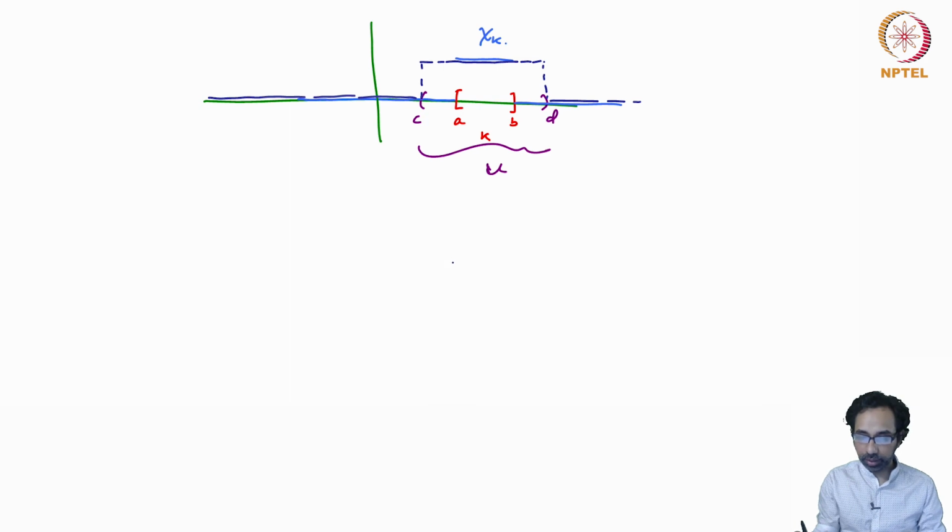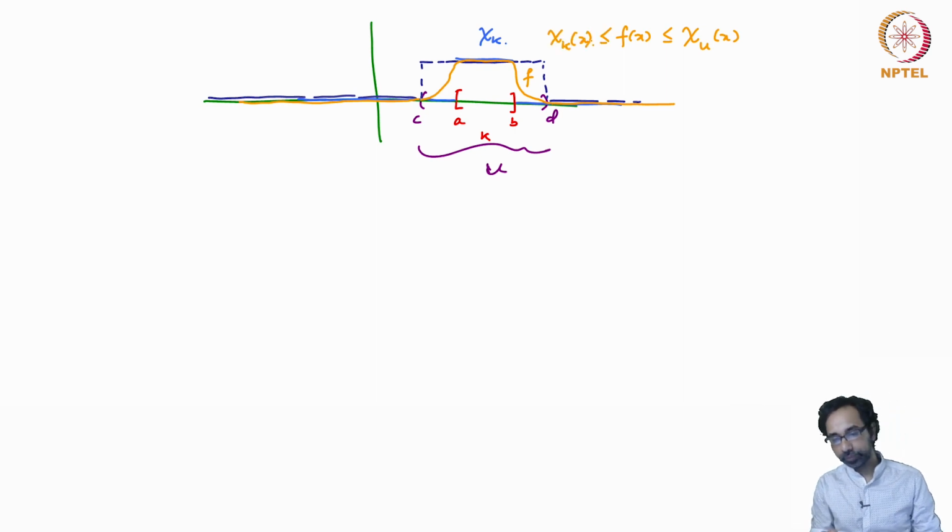And now we claim that there is a continuous function which is sandwiched between the two. So there is a continuous function which is something like this. So it is 0 here, then it is 0 here, and in between it is something like this. So this is the function f, and you have here that f of x is less than or equal to the indicator function on U, and it is greater than or equal to the indicator function on K.